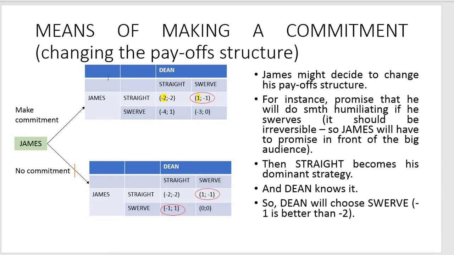Basically it's perfectly depicted in this game. But in this case, if James has some reputation and Dean has no reputation, then for James, the losses associated with swerving and being a chicken are much higher than for Dean. Because reputation is a very valuable asset.